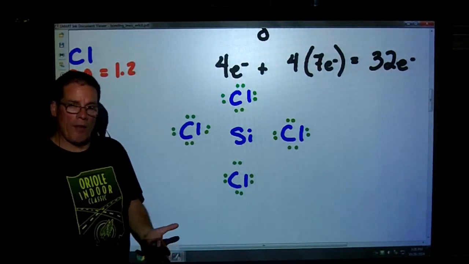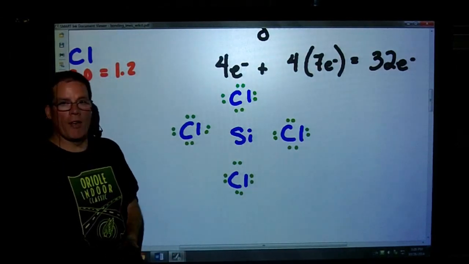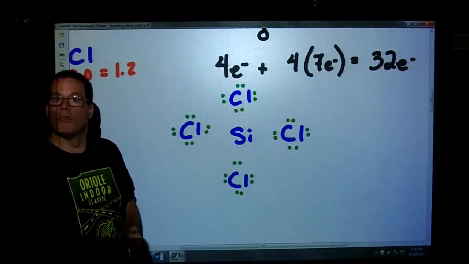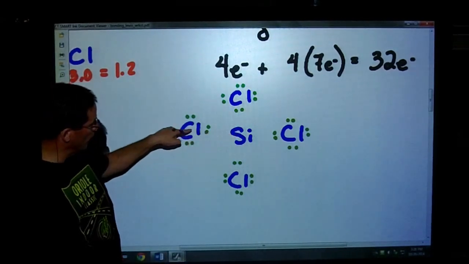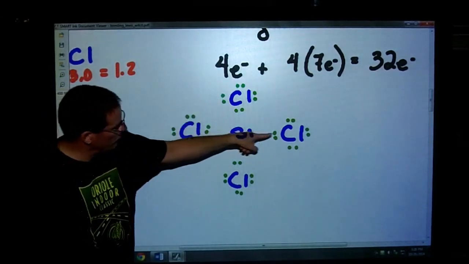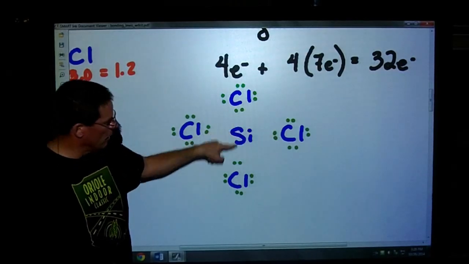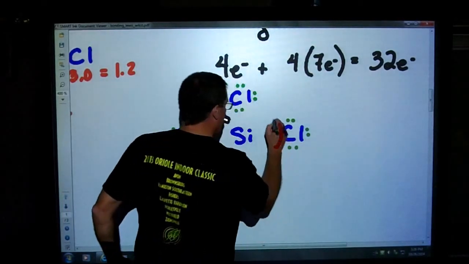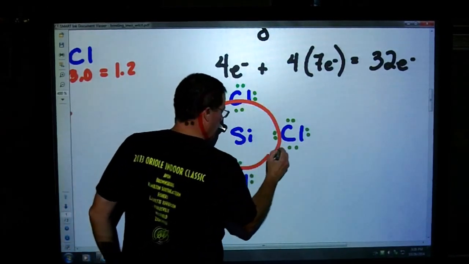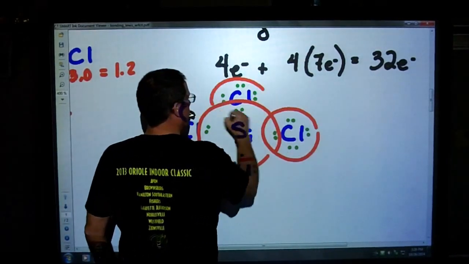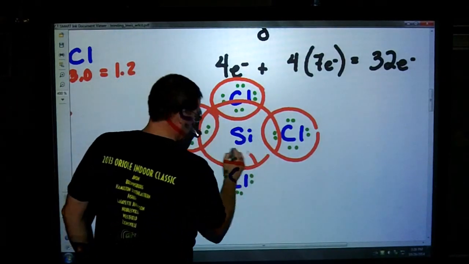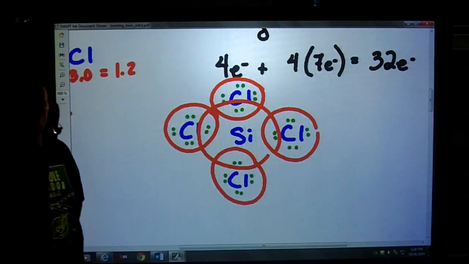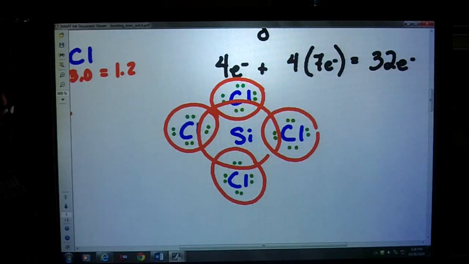If the chlorines have 8 electrons, does the silicon have 8 electrons yet? Yes, it does. Remember, whether it's on accident or on purpose, if they're between the elements, they are being shared. So the silicon does have its 8 electrons, and chlorine has 8. Our Lewis structure looks very good.